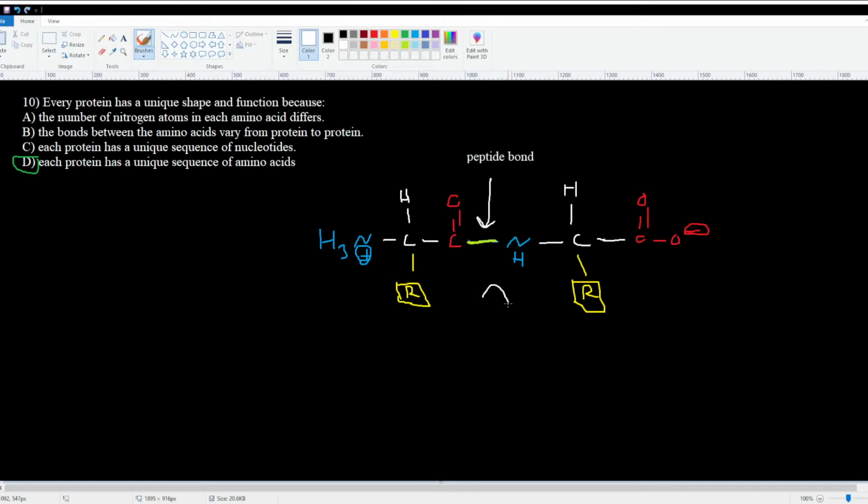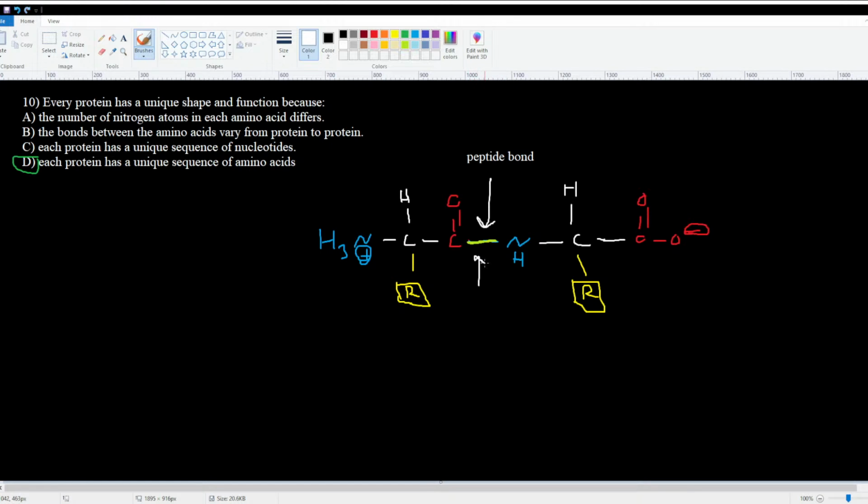And when we form a peptide bond, this is known as a dehydration synthesis, the dehydration reaction, and we're losing water as a result. Right, because we're dehydrating the molecule. So, this is a peptide bond. So this peptide bond does not vary either, right?